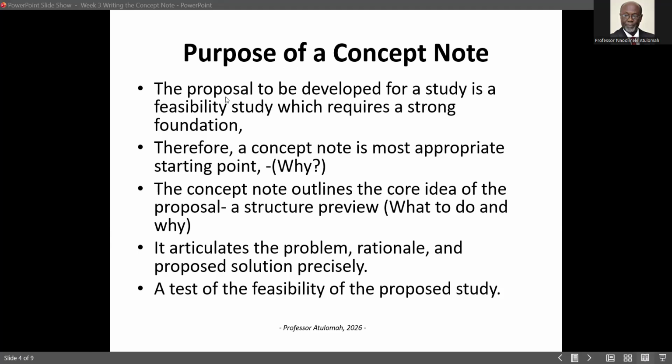All right. So the proposal that you are going to be proposing for your study will serve as a feasibility study, which requires a strong foundation. You need to have a very strong foundation and convincing argument to be able to proceed to write a successful research.